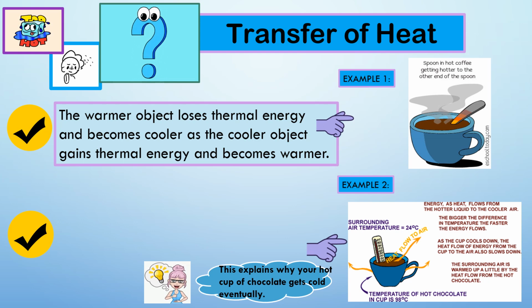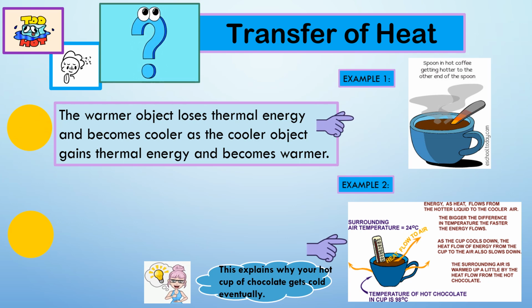The hot coffee is of course hot, so its hot molecules transfer to the colder object, the metal spoon. That is why if you hold the metal spoon, the end is hot, because there was a transfer of heat.